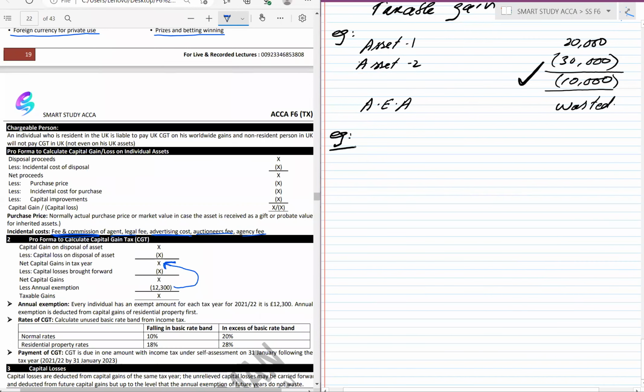Let's take another example. On asset 1, we have loss of 20,000 pounds. On asset 2, we have loss of say 19,000 pounds.